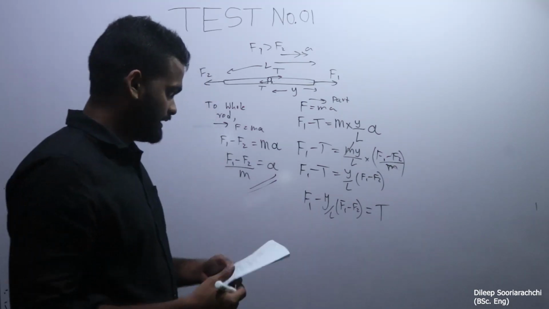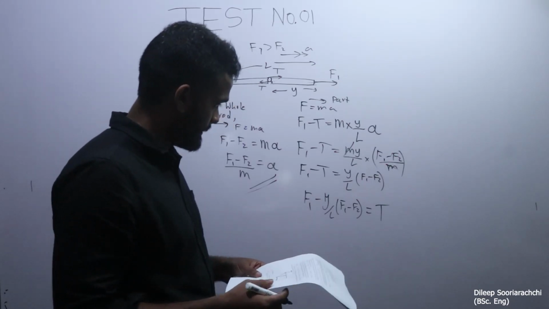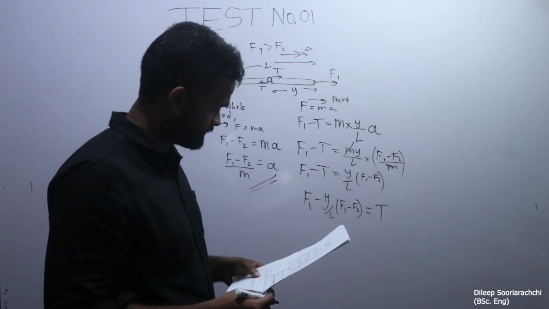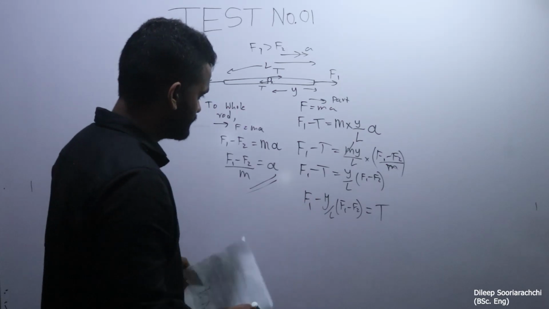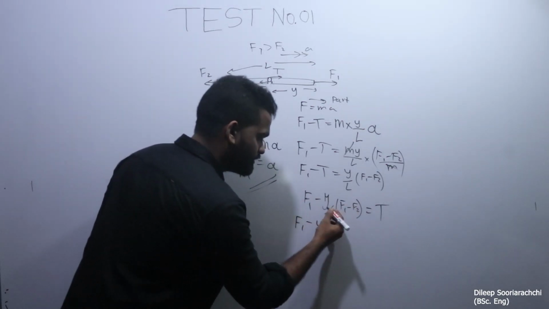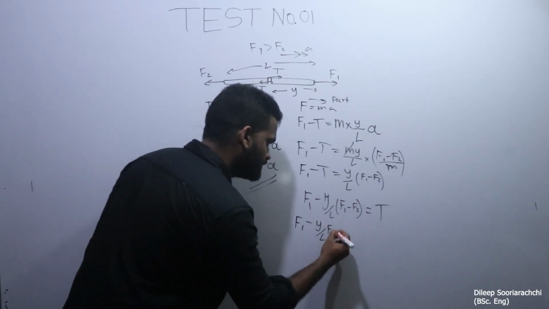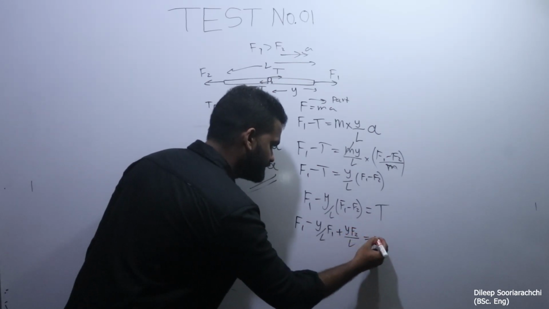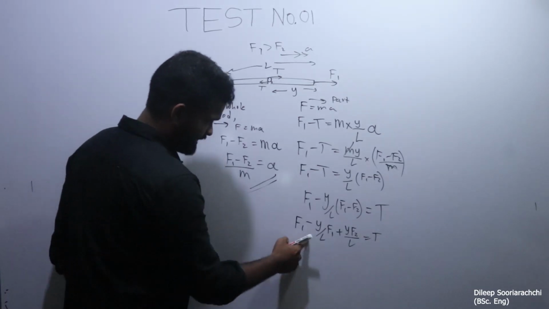Okay, then let's see how to get an expression for that. I have to take F1 out. I'm multiplying by this term y divided by L: F1 minus y F1 over L plus y F2 over L is equal to T. Then from these two terms I can take F1 out.